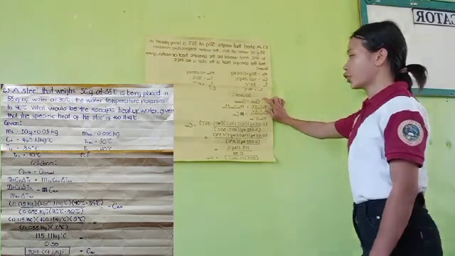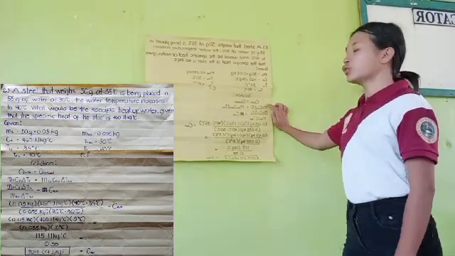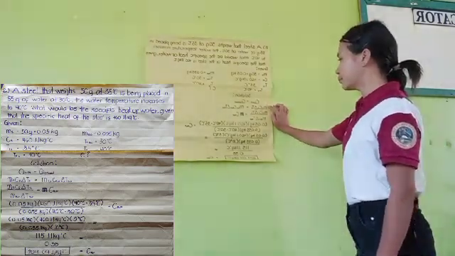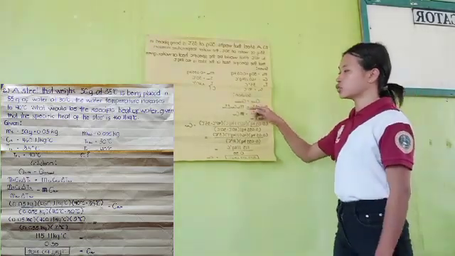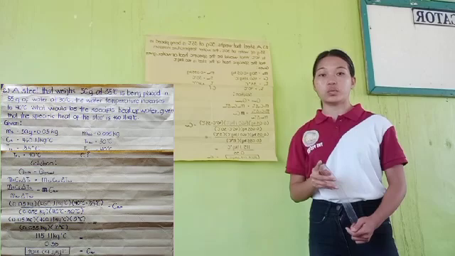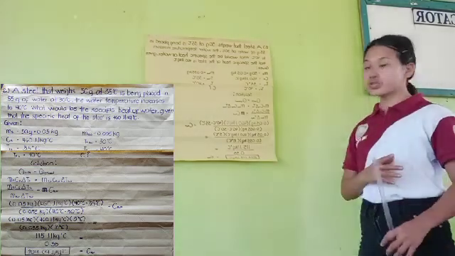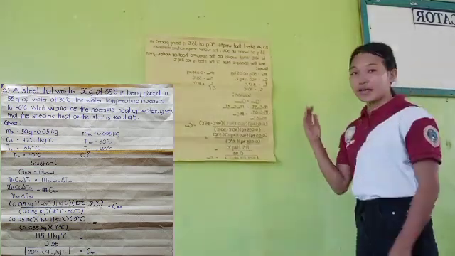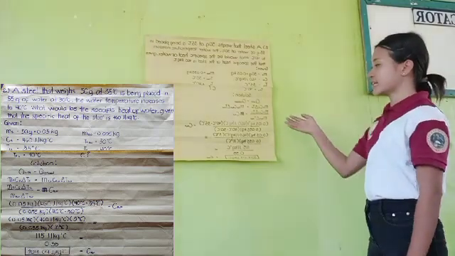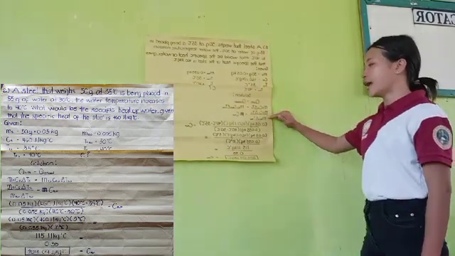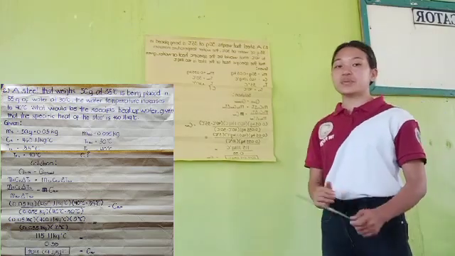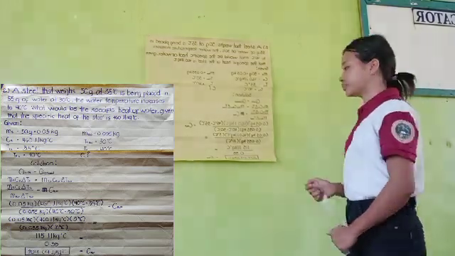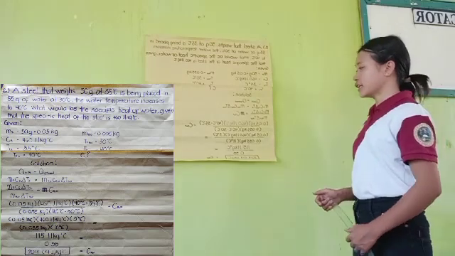Solution for the problem. Q loss equals Q gain. MC delta T of the steel is equal to MC delta T of the water. Transpose: MC delta T of the steel over the M delta T of the water is equal to the specific heat of the water. Substitute the given.